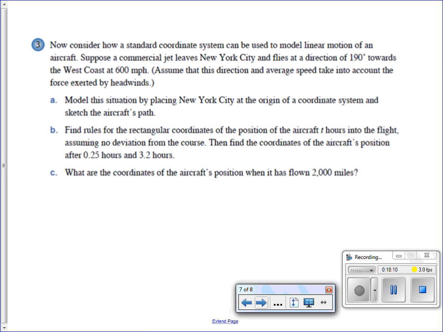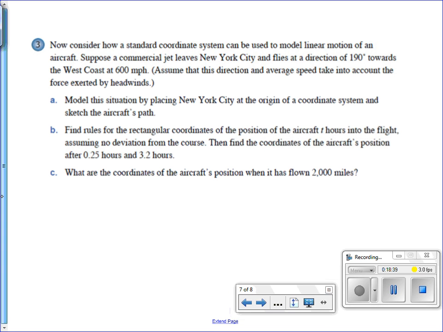Now consider a standard coordinate system that can be used to model linear motion of an aircraft. Suppose a commercial jet leaves New York City and flies at a direction of 190 degrees towards the west coast at 600 miles per hour. Assume that this direction and average speed take into account the force exerted by headwinds. Model this situation by placing New York City at the origin of the coordinate system and sketch the aircraft's path.